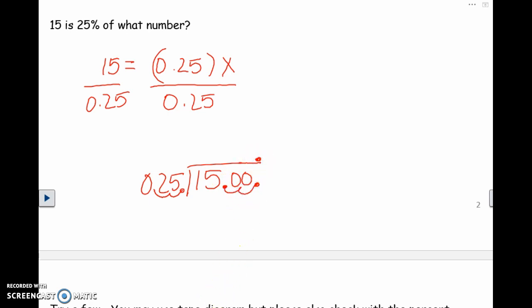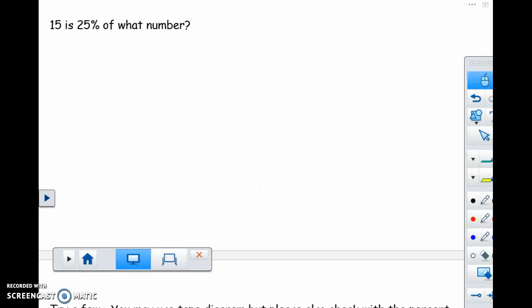Bring the decimal up. 25 will not go into 15, but it will go into 150, and it will go in 6 times. Oh, look at that. 15 is 25% of 60. All right, hope you got all of that. I'm clearing the screen. Try some problems now.